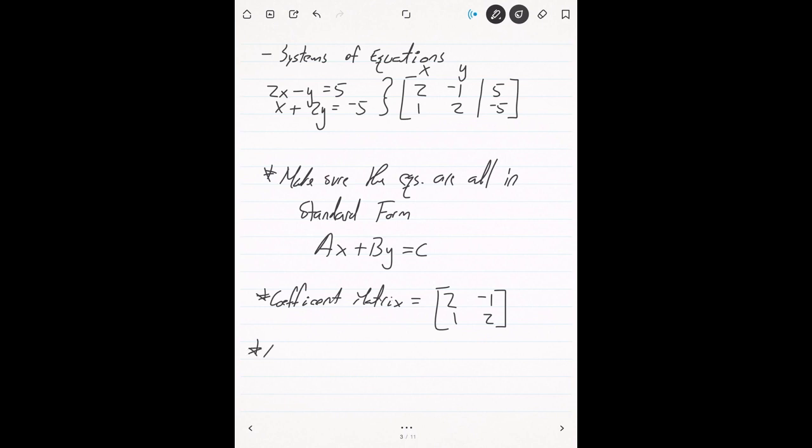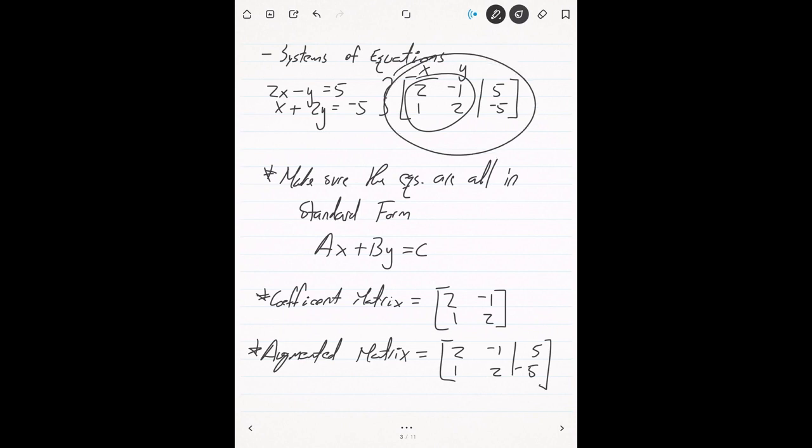The augmented matrix is the matrix that pairs together the coefficient matrix with the constants that the equations were equal to. So this part on the left here is the coefficient matrix. The whole thing is the augmented matrix. So those are some vocab words textbooks use. I know our book uses them, so it's helpful to keep in mind what these are.